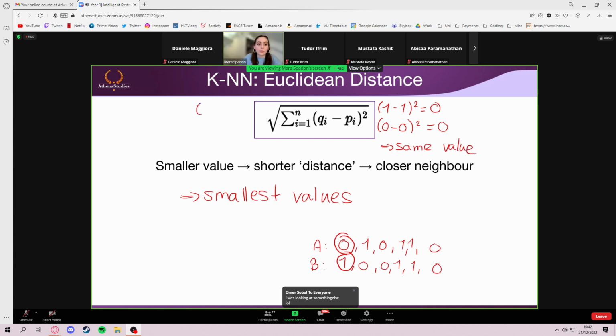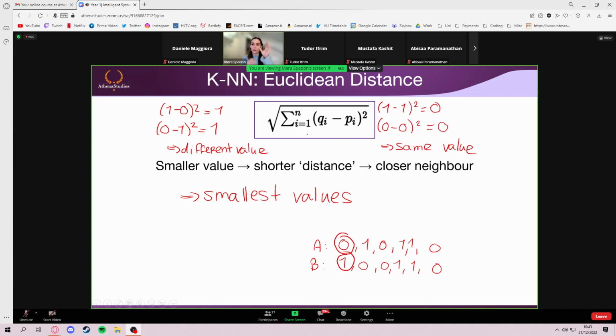Now we want to look at, okay, what if we have 1 minus 0 or 0 minus 1? What value do we get there? Now it's 1, exactly. So this is when they have a different value. So when they have 1 and 0, we get a value of 1. And when they're the same, so if they're both 1 or both 0, we get a value of 0.